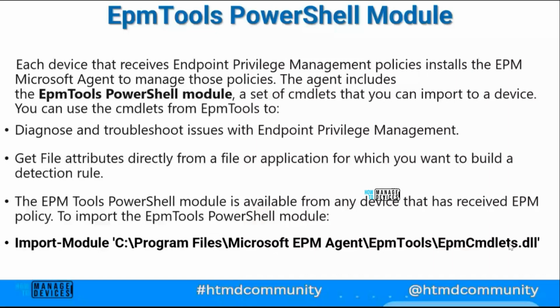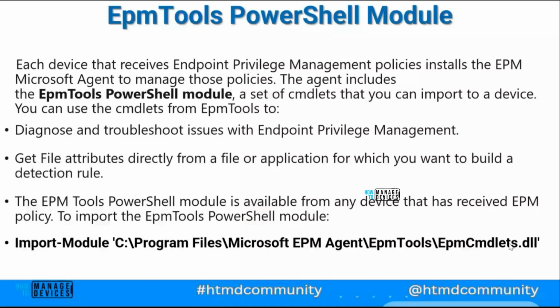You can use cmdlets from EPM Tools to diagnose and troubleshoot issues with EPM, and get file attributes directly from a file or application for which you want to build a detection rule. I mean the rule policy here. The EPM Tools module is available on any device that receives the EPM policy. The EPM policy here is the settings policy, because without the settings policy we can't configure EPM, since that is the default policy.